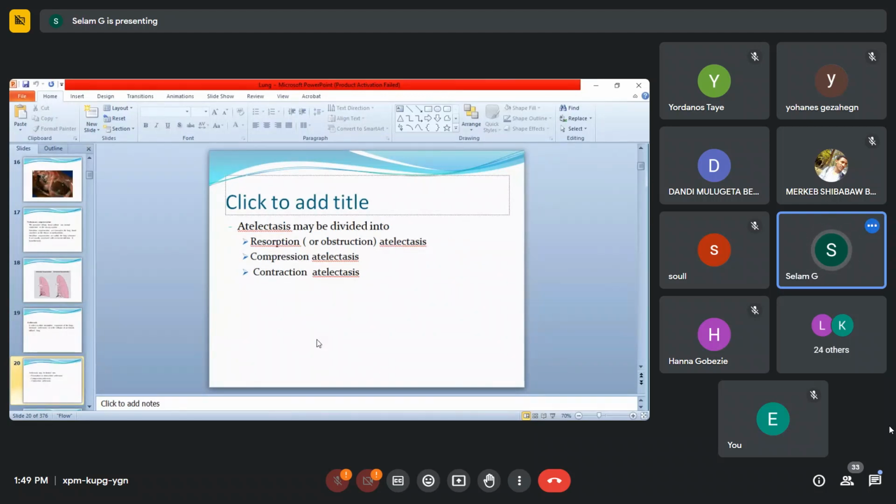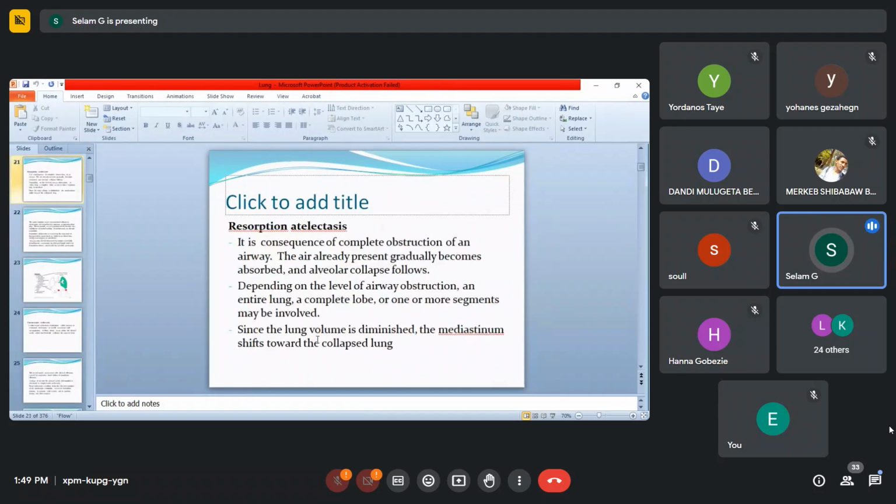Atelectasis could be divided into these components: resorption or obstructive atelectasis, compression atelectasis, or contraction atelectasis. Resorption atelectasis is a consequence of complete obstruction of an airway, and the air already present gradually becomes absorbed and alveolar collapse follows.